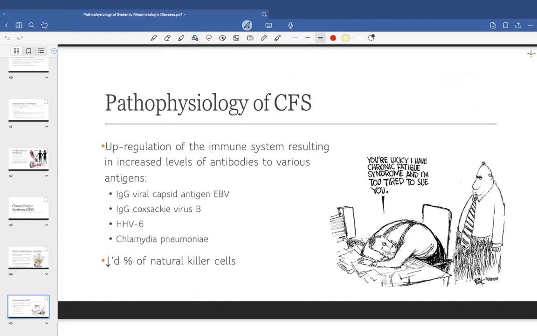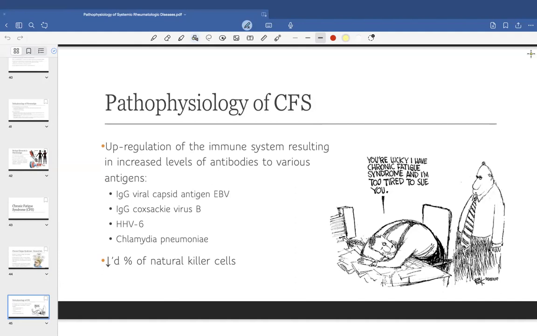And there can be increased levels of multiple antibodies, depending on what the trigger is. It could be an IgG to Epstein-Barr, an IgG to Coxsackie virus B, human herpes virus 6, Chlamydia pneumoniae.